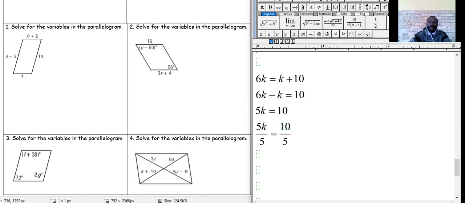That is, what we have done on the left-hand side must also be done on the right-hand side. So k now equals 2.